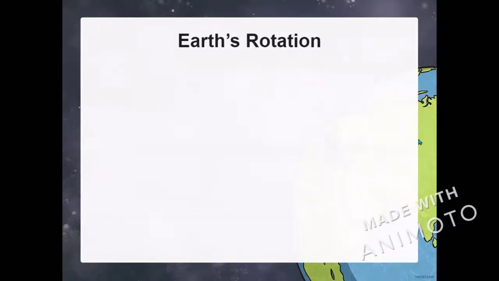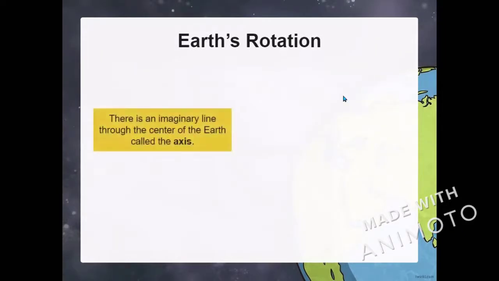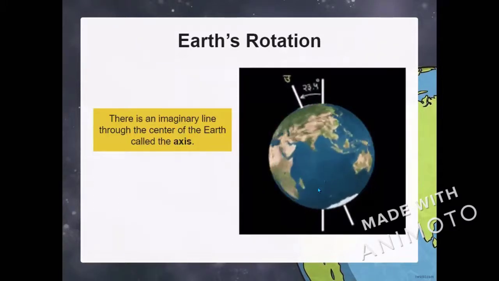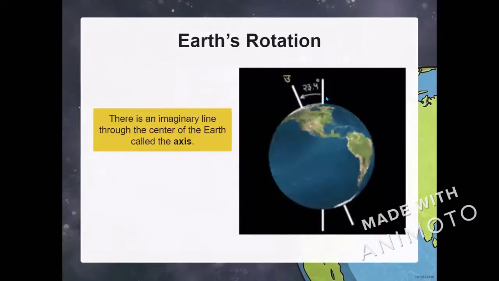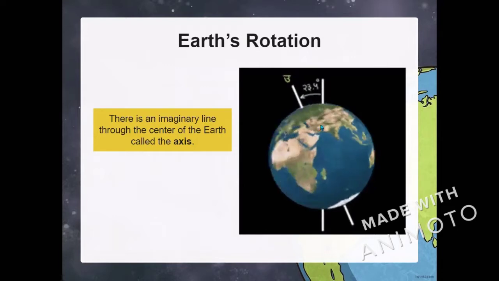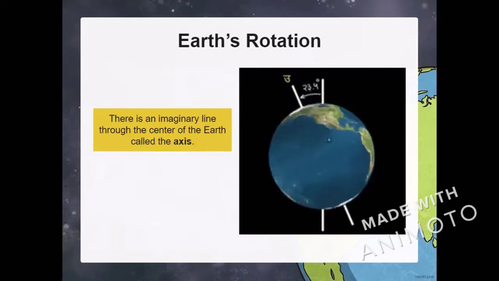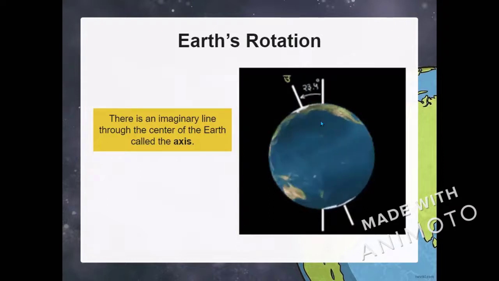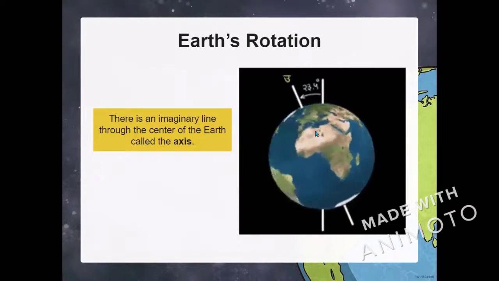Here we can observe exactly what axis is. There is an imaginary line through the center of the Earth called axis. So you can observe here we have an imaginary line. It doesn't exist like you can see it, but it's imaginary. The thing is that it's not straight as it is shown here, but it is a little tilted.